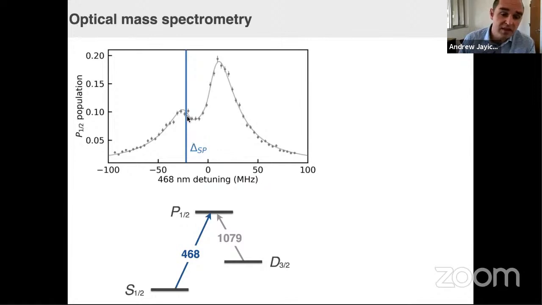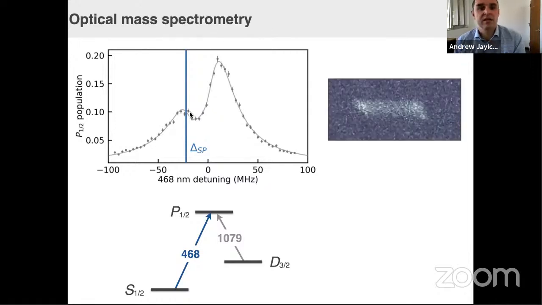Okay, and so this dip here is due to coherent population trapping, and what that does is if you park your 468 nanometer laser on this negative slope, you'll get coherent amplification of the ion's motion that's bounded on either side by these positive slopes, which lead to laser cooling. So you get kind of like a nice amplified motion.